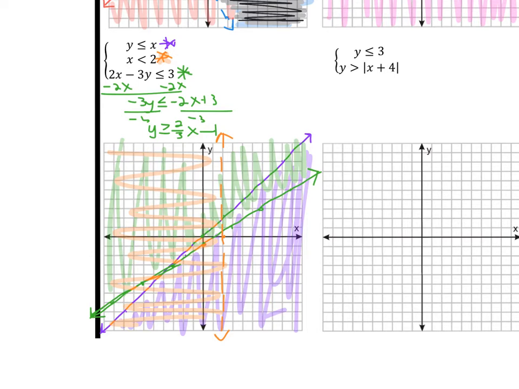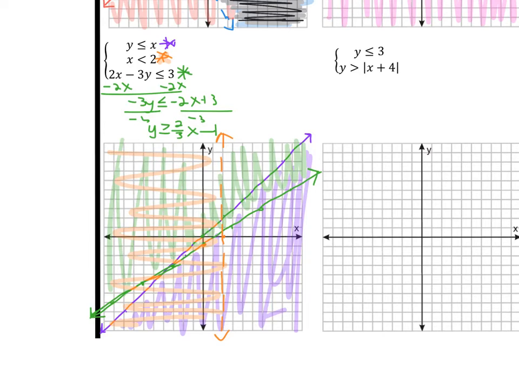I have a dashed boundary vertical at 2. Less than would mean any x value that's lower than 2. I shaded on the left-hand side. For 2x minus 3y is less than or equal to 3, I had to get y by itself. Notice the direction for my inequality changed when I divided by negative 3.